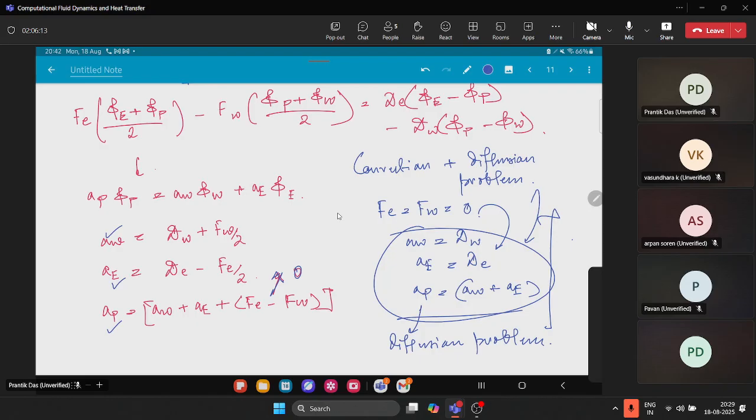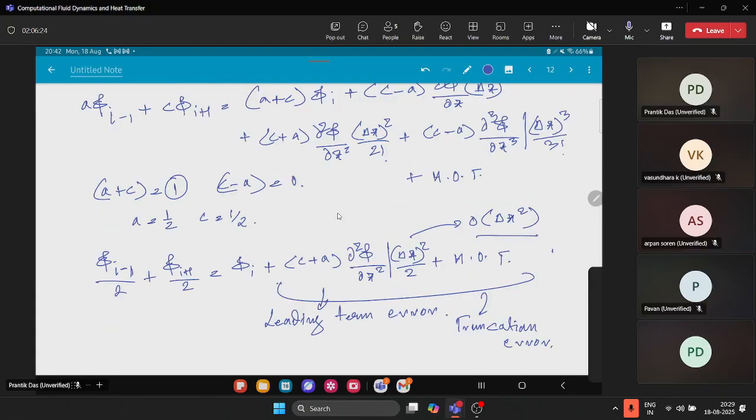Then another thing we have to do is solve the boundary problems also. That I will do now. Similarly, consider there were 5 cells in the domain.